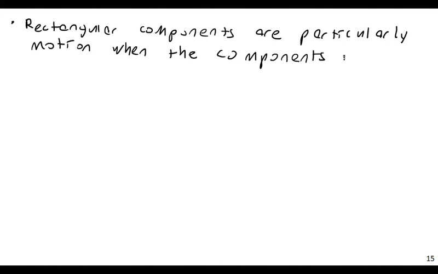Can anyone think of a case where that might be? When the x, y, z motion of a particle, when those three motions are independent. Can anyone think of an example of that? When the motion in the x does not affect the motion in the y, does not affect the motion in the z.